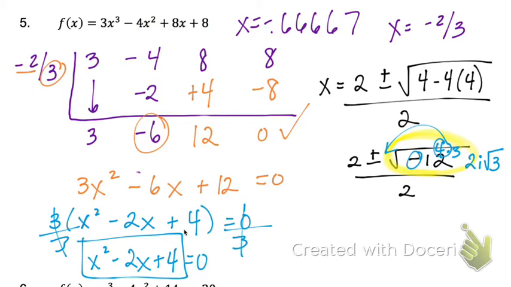So I have 2 plus or minus 2i root 3 over 2. Then you put the 2 under this, and that becomes a 1.